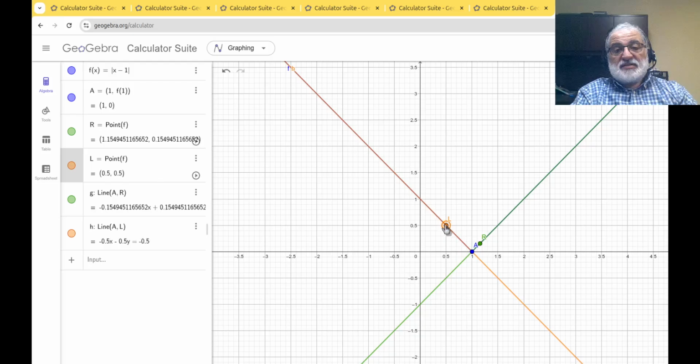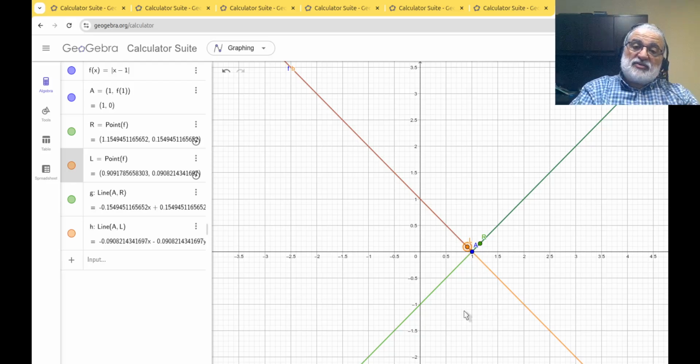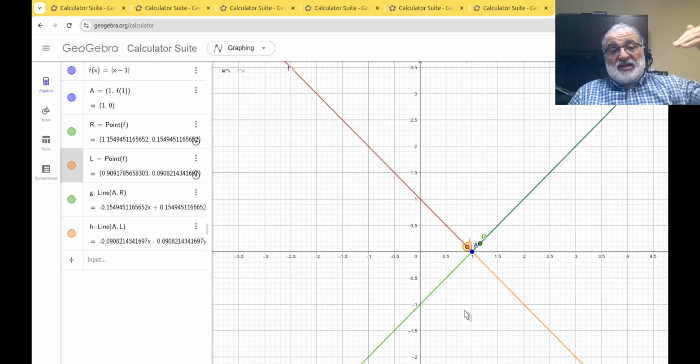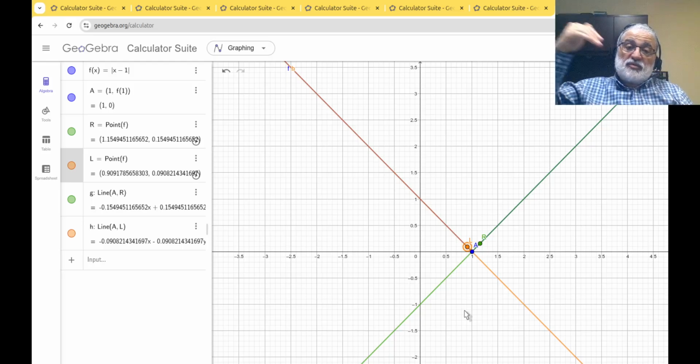We have this orange line coming from the left, and it doesn't matter what we do, it doesn't matter how close we approach from the left. Because it's linear to the left, we always get this orange line. So approaching from the left side, we're approaching this orange line. Approaching from the right side, we're approaching the green line.